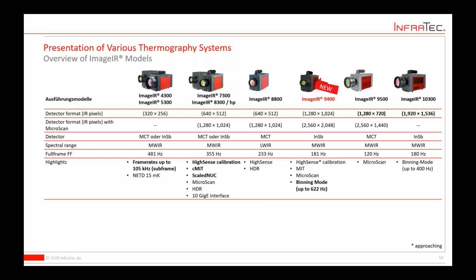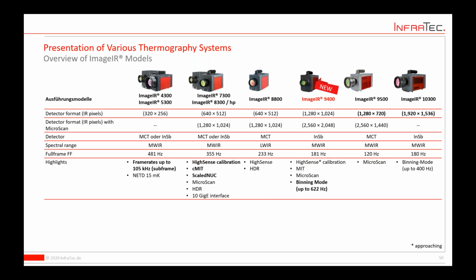And there are really new developments in the market, stuff that no other manufacturer can really provide, like our ImageIR 9400, which I call a 2-in-1 camera, because it can provide a really large FPA resolution with 1280 by 1024 pixels, but it can also be switched into a binning mode instantly, and then provides high-speed imaging of up to 600 hertz.